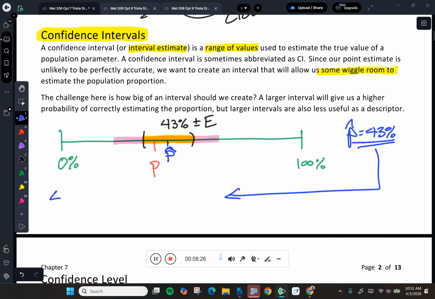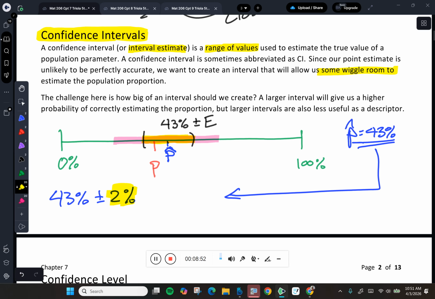If I was able to tell you that it was 43% plus or minus 2%, that's a pretty small margin of error, and I would feel pretty good about that because it would really mean it's from 41 to 45. But because it's a small interval, it's also reduced the chance that my interval will actually cover P.